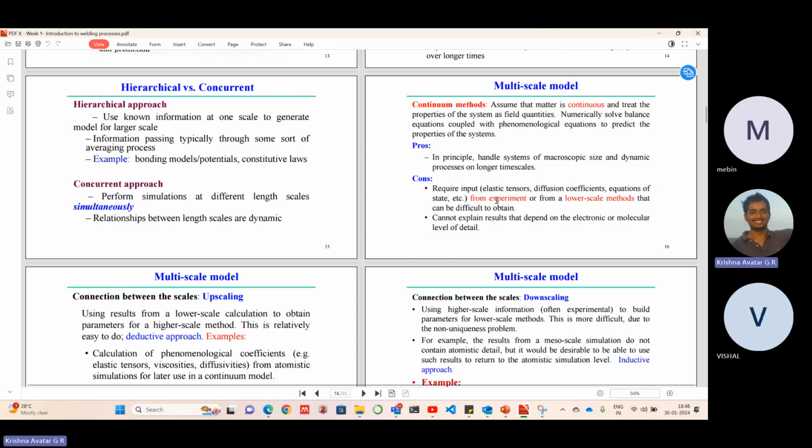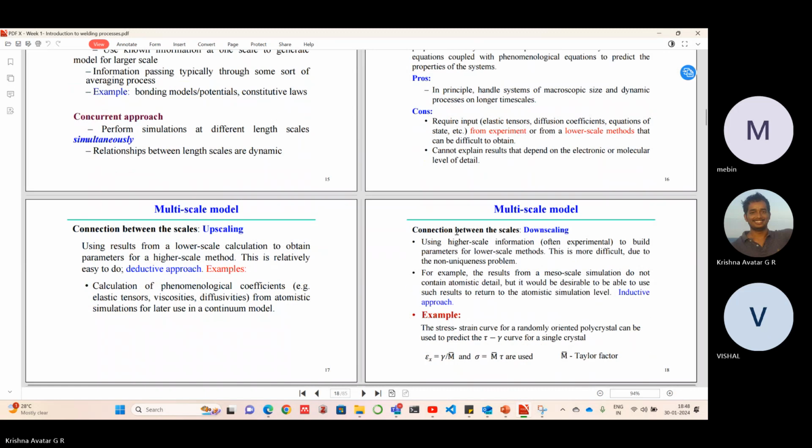However, the parameters for the constitutive equation have to be determined beforehand from experiments or from some other lower scale methods, which are not easily obtainable.